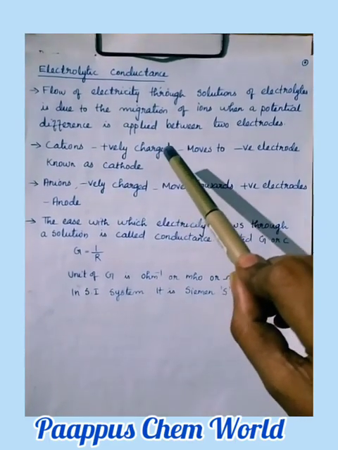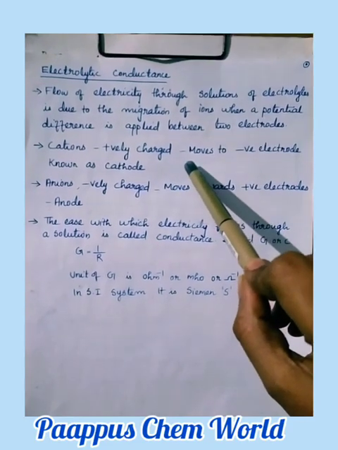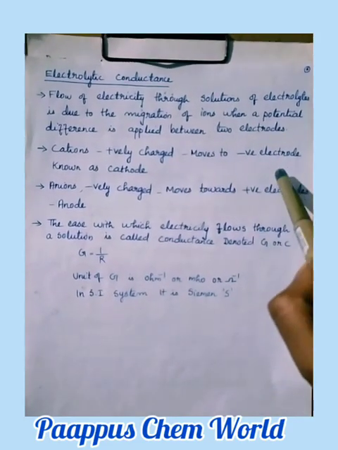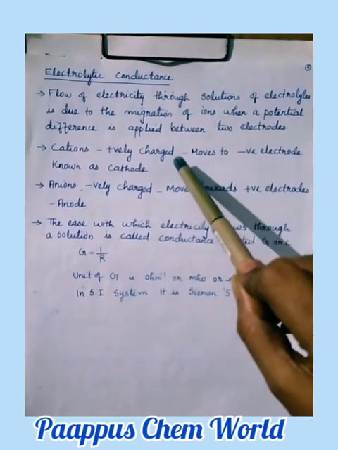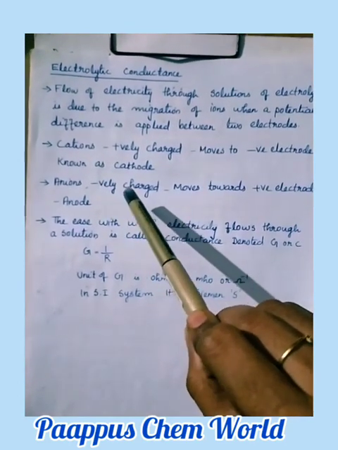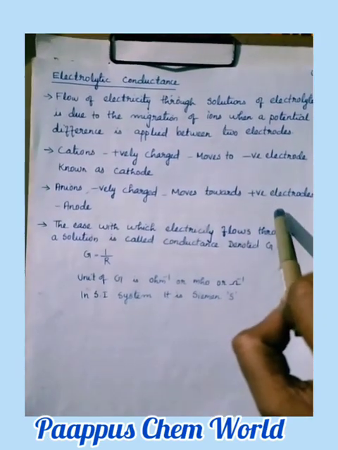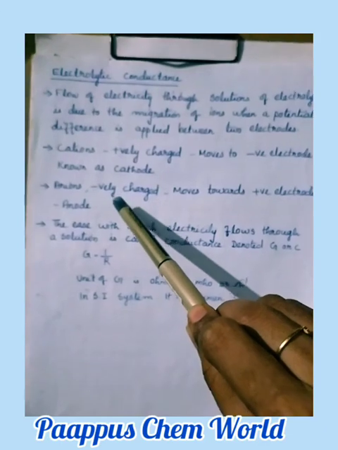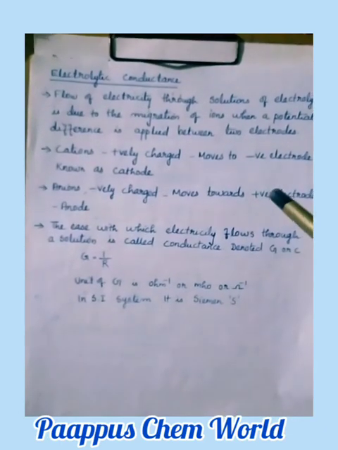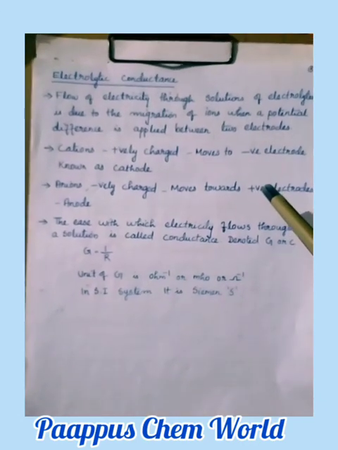Cations are positively charged and move towards the negatively charged electrode, known as the cathode. The negatively charged ions, known as anions, move towards the positively charged electrode, known as the anode. This movement of ions produces electricity.